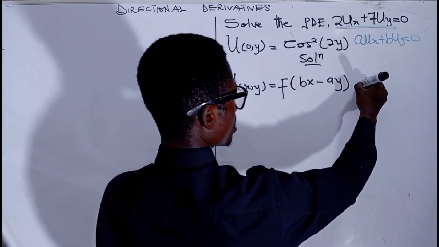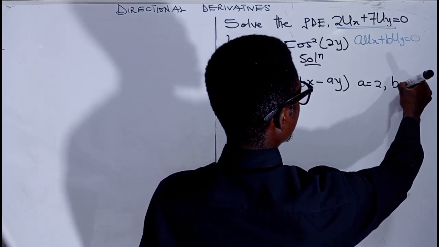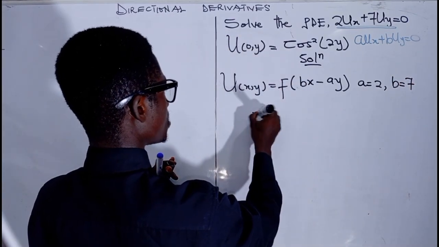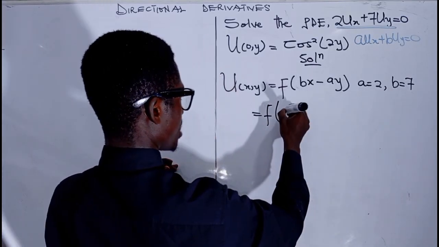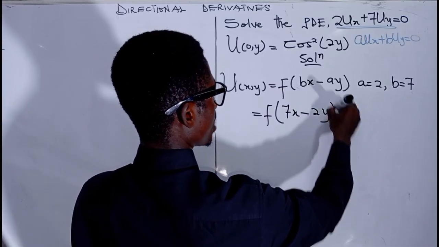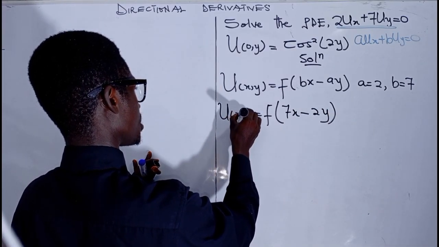So from the equation, our a is 2, and then our b is equal to 7. So our general solution becomes a function of 7x minus 2y. Very, very easy and simple. So this is our general solution.